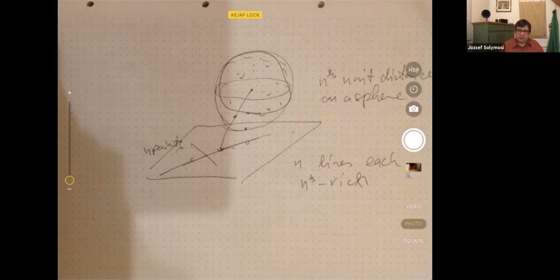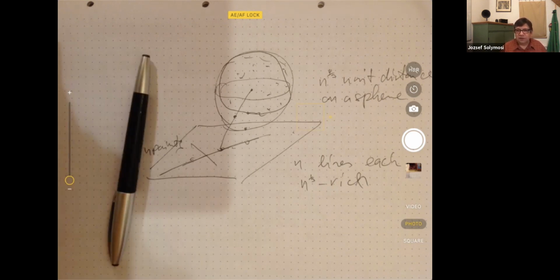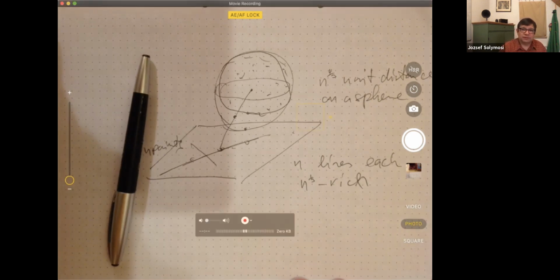So there are constructions showing that there is no easy way around the unit distance problem. At least it doesn't seem to have any way around. Right. And I think the time is up.